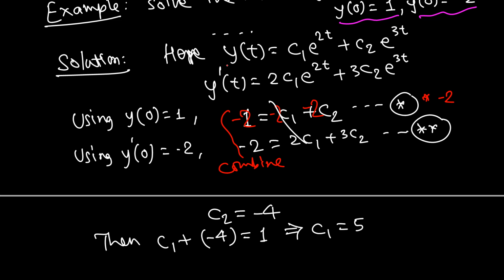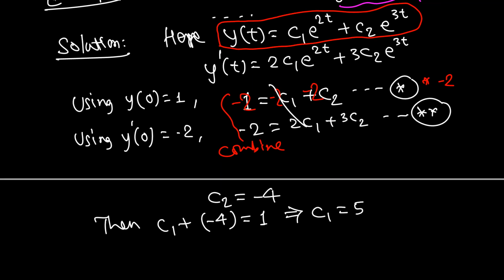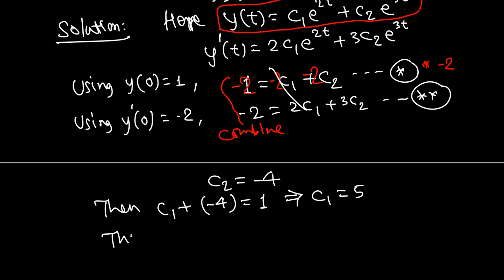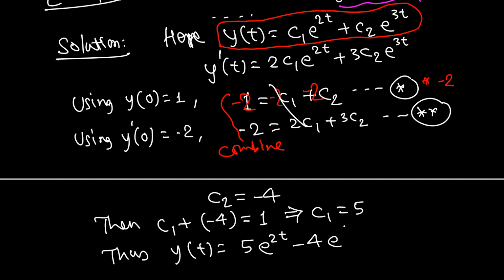Now we go back and write down the final answer. Thus y is c1, which is 5 e raised to 2t, plus c2, which is negative 4 e raised to 3t. Final answer.